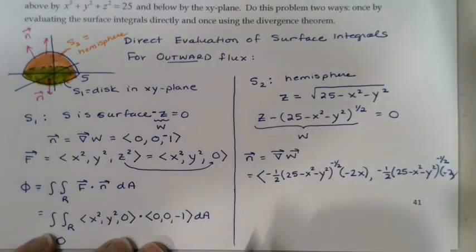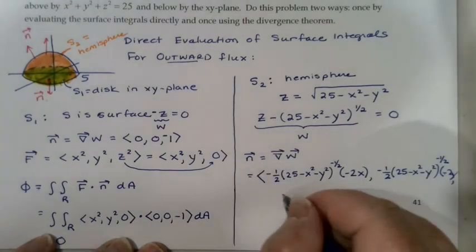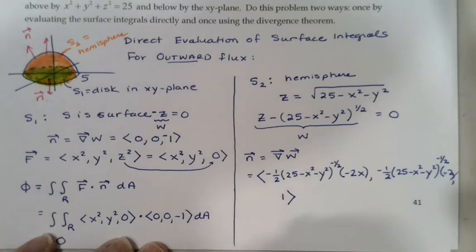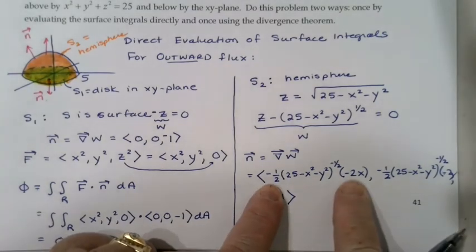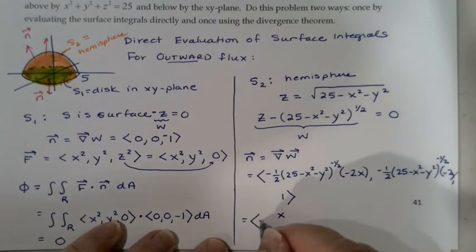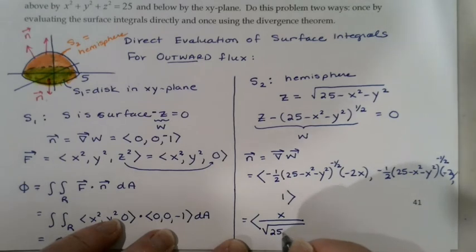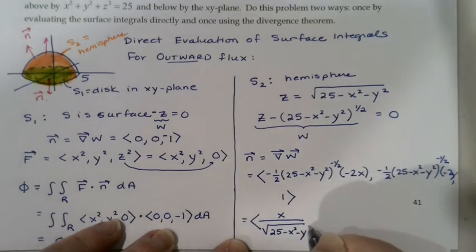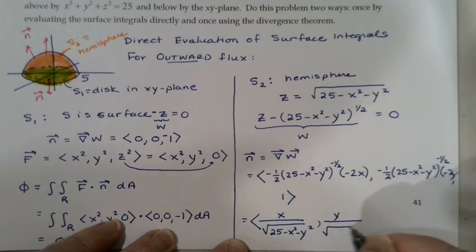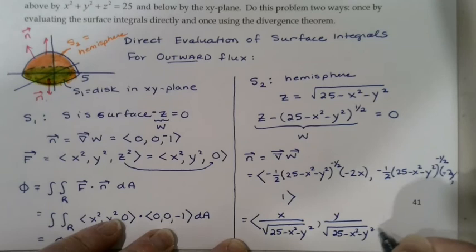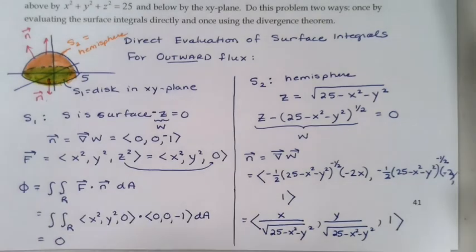And then for z, we'd have a positive 1. So that negative 1/2 times negative 2x would be a positive x over that square root. Similarly for the y term. And the z term is just 1.